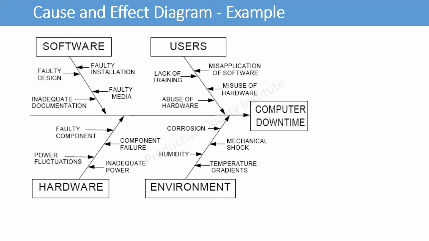Detailed levels for hardware are power fluctuations, faulty components, component failure, and inadequate power. Detailed levels for users are lack of training, abuse of hardware, misapplication of software, and misuse of hardware. Detailed levels for environment are corrosion, mechanical shock, humidity, and temperature gradient.